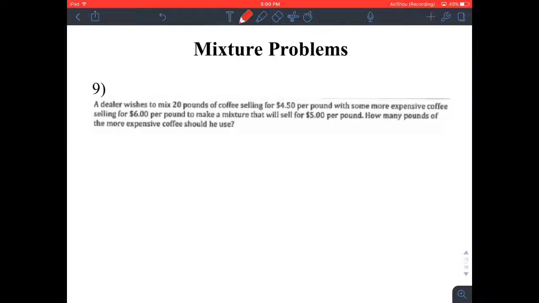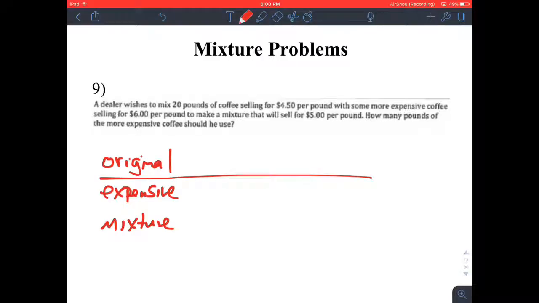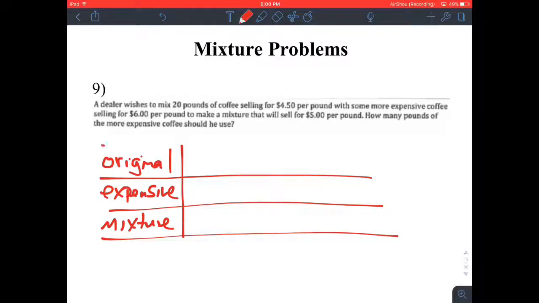We're going to make a table for this. We have the original amount, the original coffee. We have the expensive. We're going to put those together and get a mixture. So that's going to be the horizontal part to our table. What other things do we have?